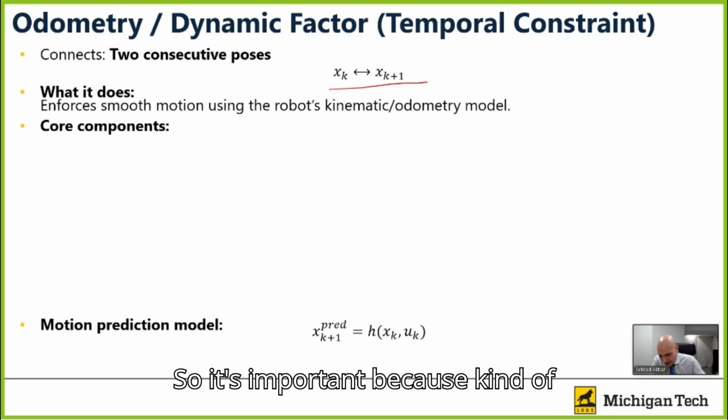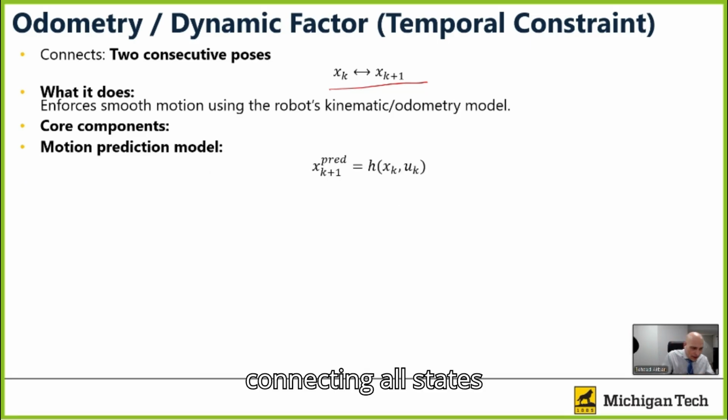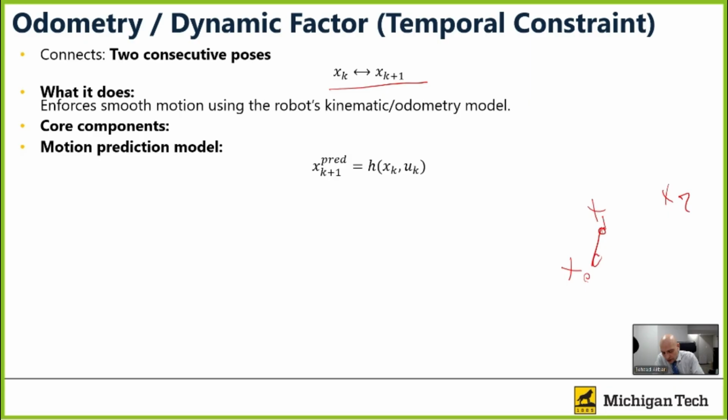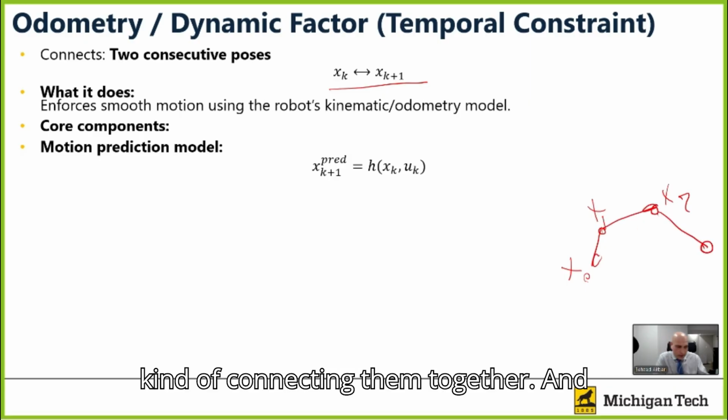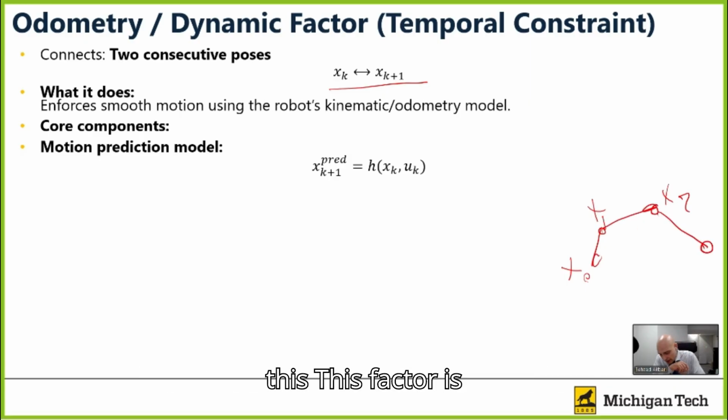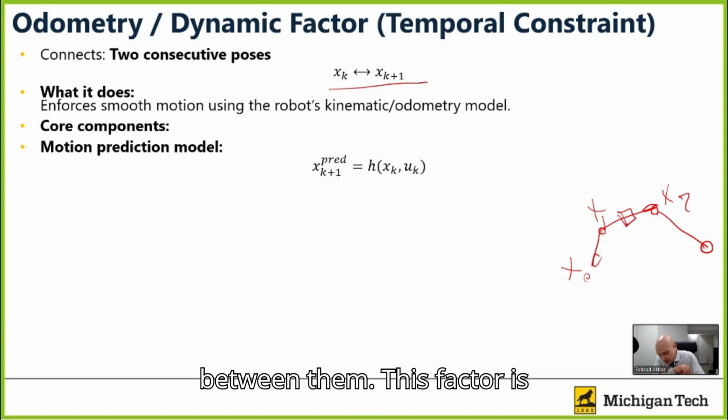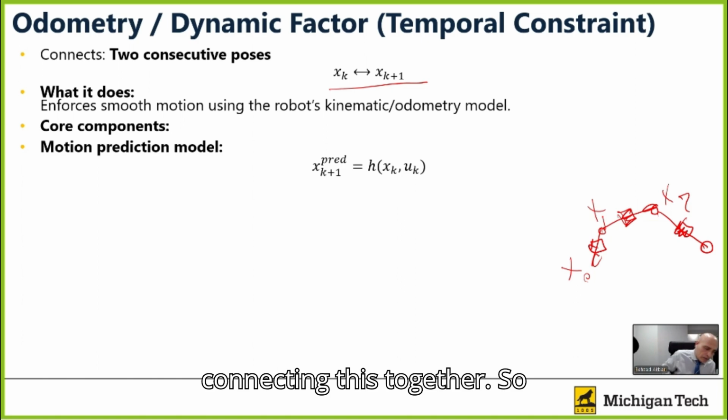It is important because it connects all states together to make a trajectory. So this factor is connecting these together.